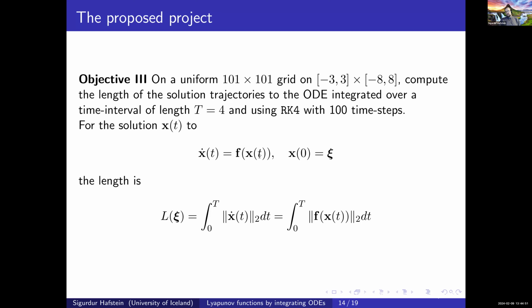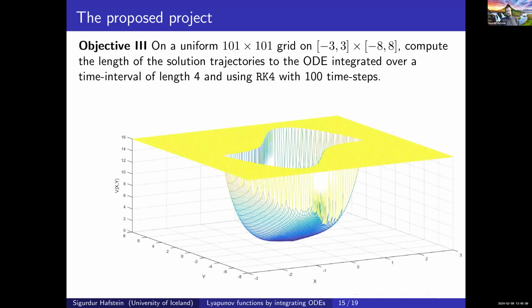But since this is a solution to the differential equation, this is just f of the solution. So basically they compute the solution trajectories, compute f of it and the norm of f, and use numerical quadrature to get the length. And if we do this, this is what we get.